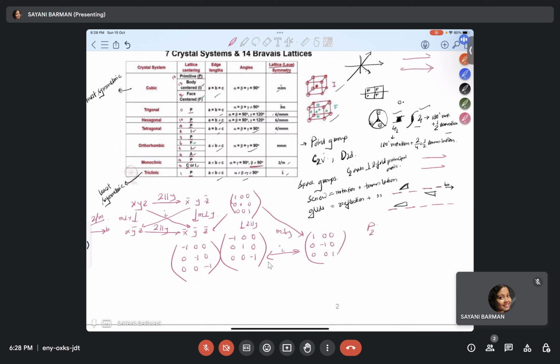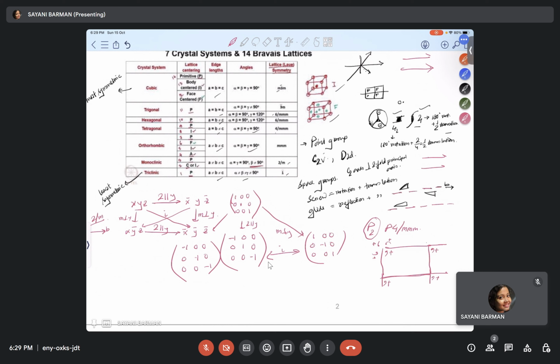This is for primitive, so we will see P4 by NNL. Here fourfold rotation is happening, so it will be this, then this, then this.